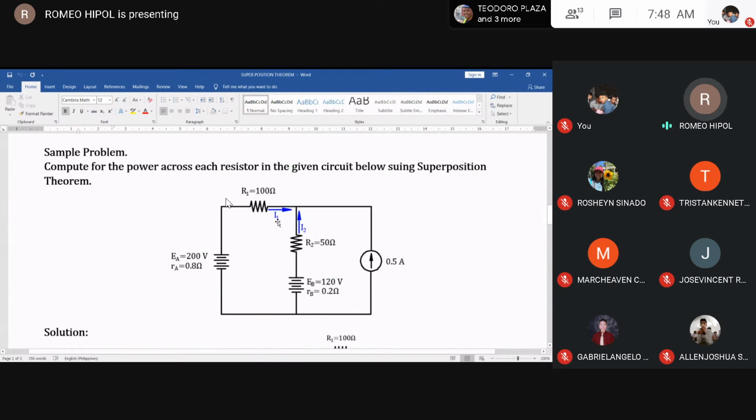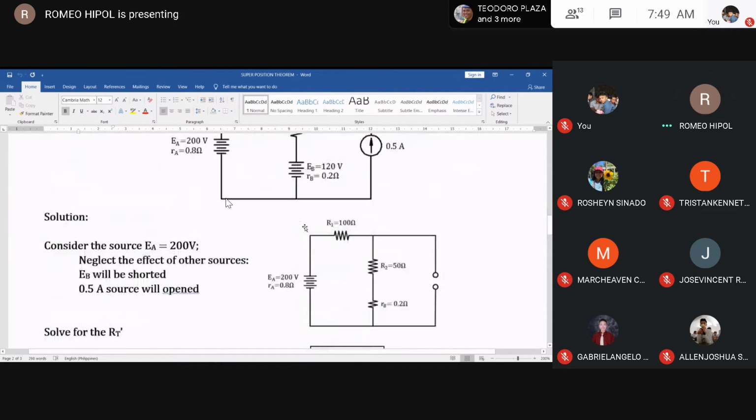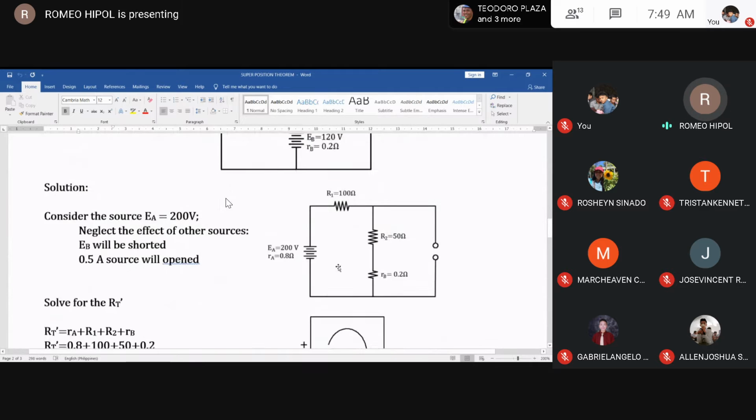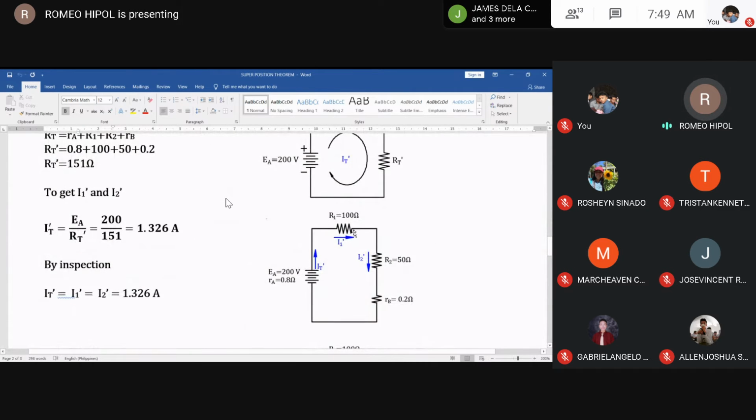Initially, nag-set tayo ng direction leftward for I sub 1. So all current components with the same direction will be set as positive. Nakuha? And then, R1 kasi natin is leftward, di ba? With respect to E sub A, current direction leftward. So, therefore, it will be in positive polarity.